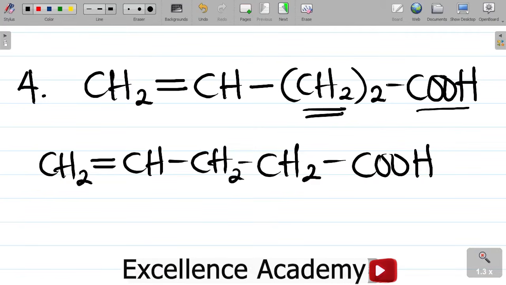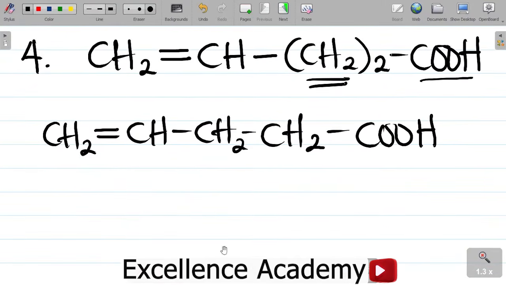Now, this is a question where you have 2 functional groups. That's the carboxyl group showing alkanoic acid and then a double bond for an alkene. So between the carboxyl group, that's COOH, and the alkene having a double bond, which of them takes priority? Now you want to notice that this one is different from the first question.